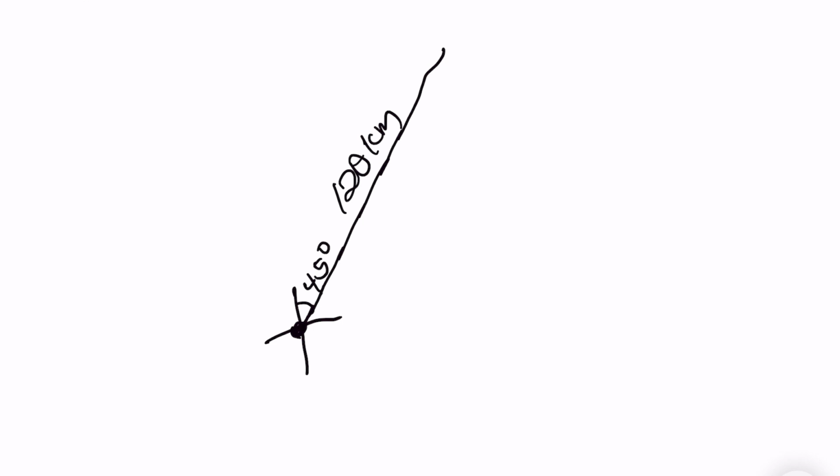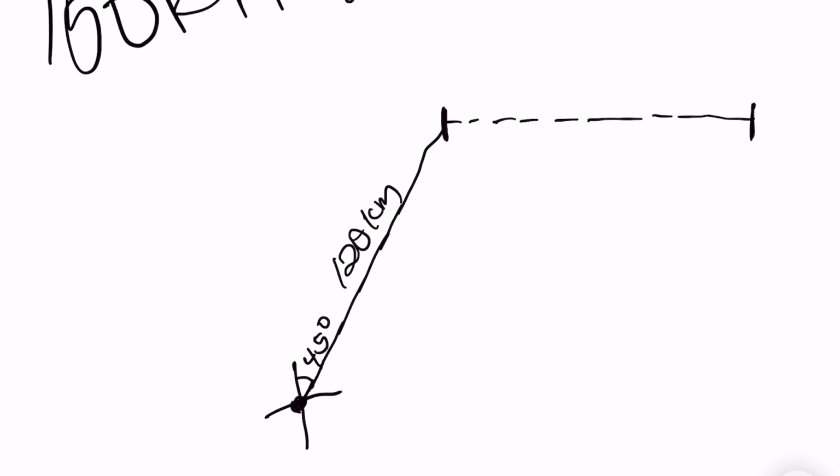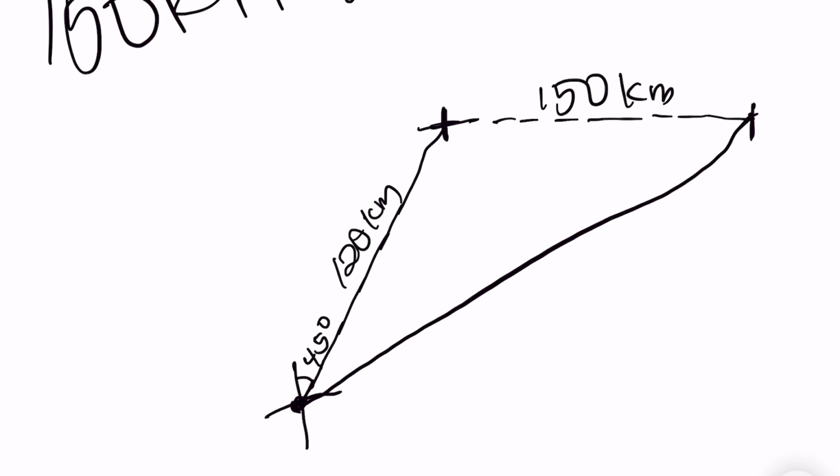Now, due east, it traveled 150 kilometers. So from this point, it traveled 150 kilometers. Now this point to this point is unknown, so we write it as a kilometers.